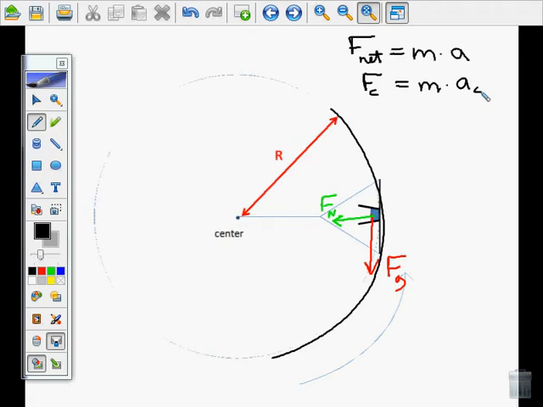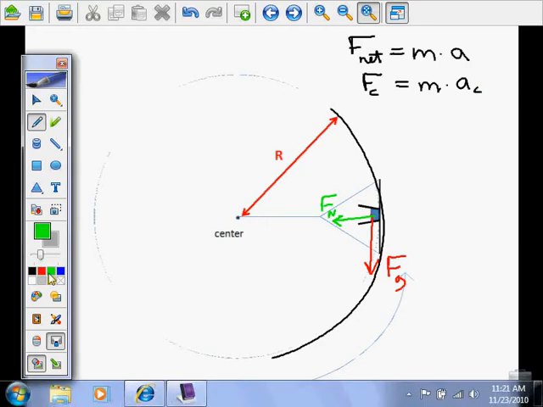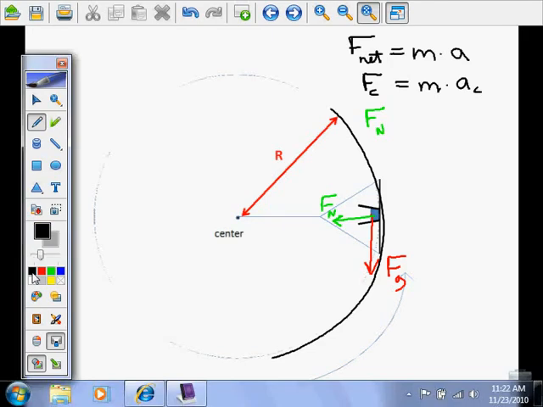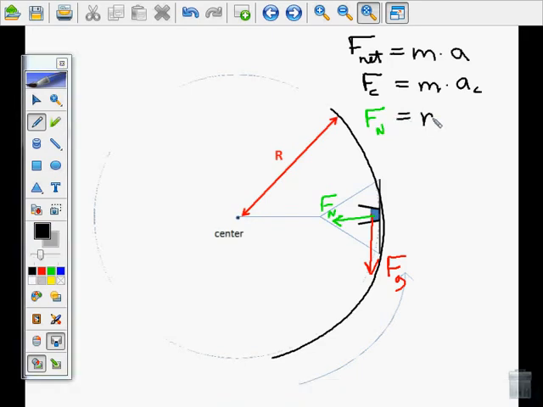The force due to gravity, which is acting vertically, is in no way, shape, or form helping out or hindering that horizontal centripetal force. So in this particular case, the centripetal force simply becomes the normal force, and that's going to equal m times v squared over r.